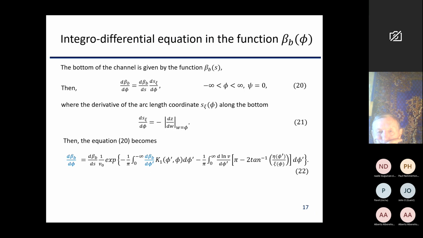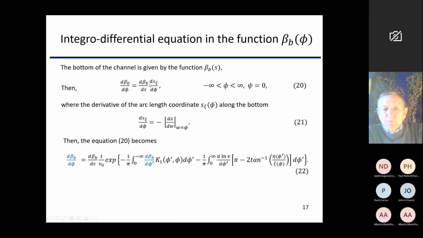The solution includes two unknown functions, the function d beta d phi, and we can easily write this equation because d beta ds is the slope to the bottom. It is a given function.